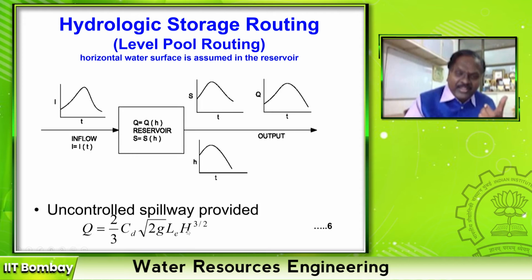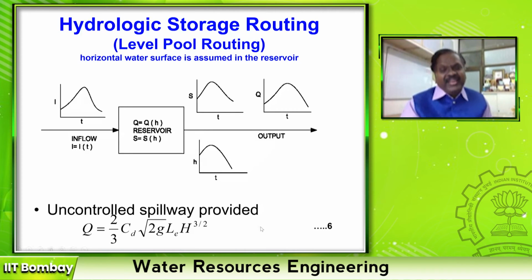H is also a dimension of unit length, so L to the power of 3 by 2, and there is one more L, that is the length of the weir. Added together, the dimension is L to the power of 5 by 2, and for the triangular notch also it is L to the power of 5 by 2. Since we are measuring two different dimensions, length and height, there we are measuring only the height of it.